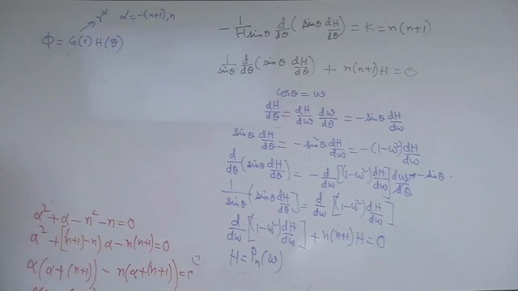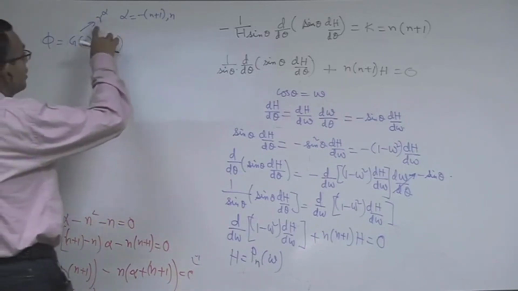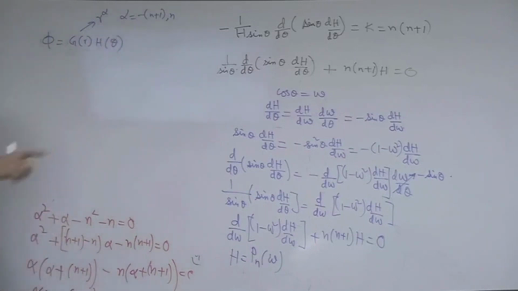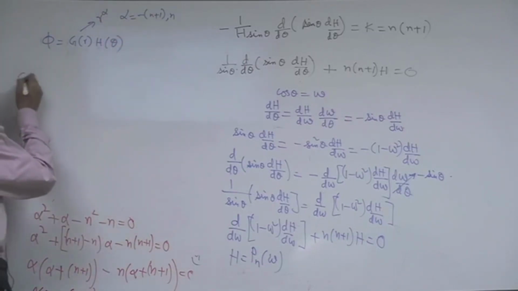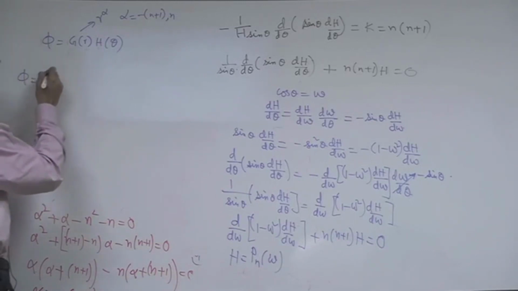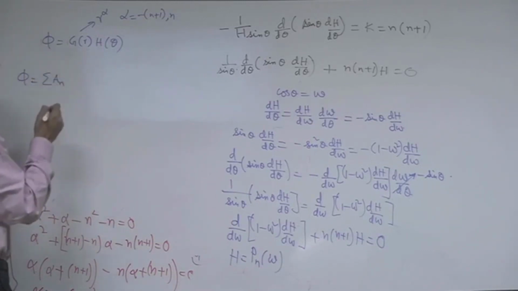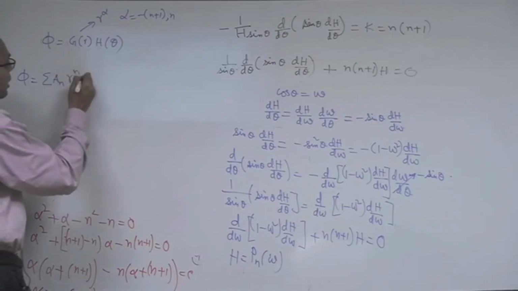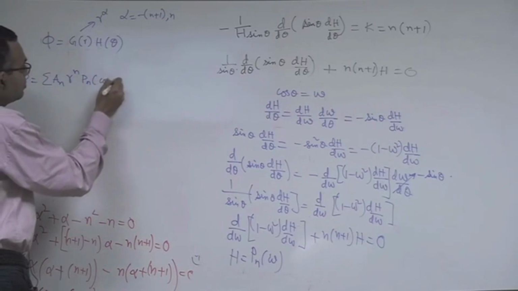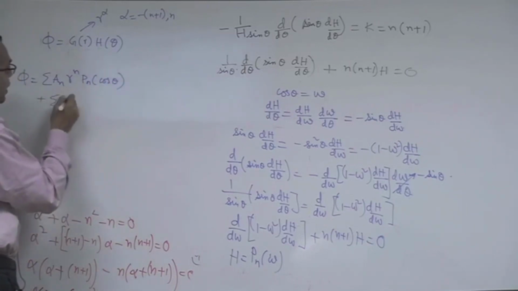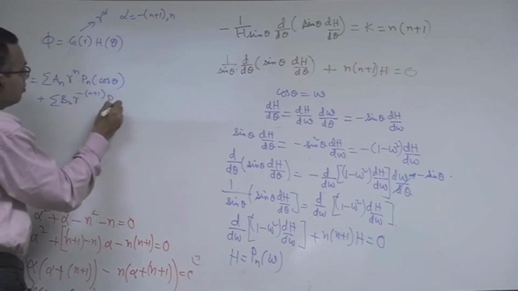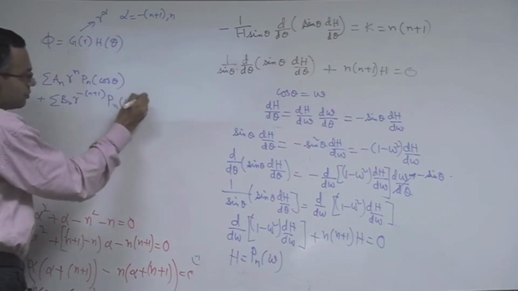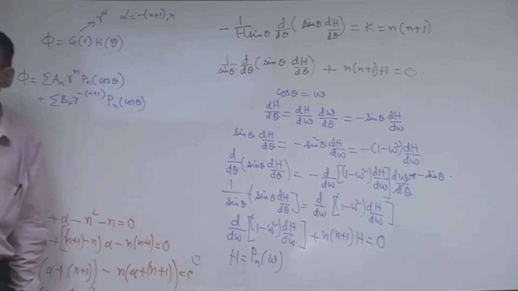Because it is a linear differential equation, the resultant solution is a linear superposition of the solution for the two values of alpha. So, you can write phi is equal to summation of a_n r to the power n P_n(cos theta) plus summation of b_n r to the power minus n plus 1 into P_n(cos theta), because w is cos theta. So, we have written P_n(cos theta).